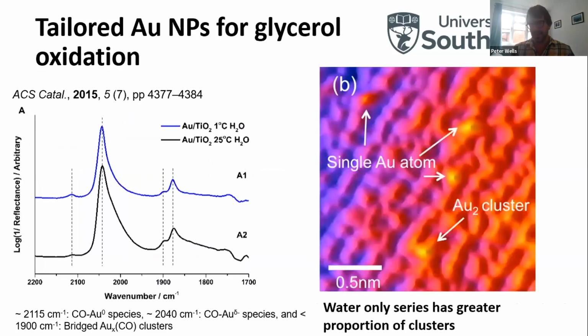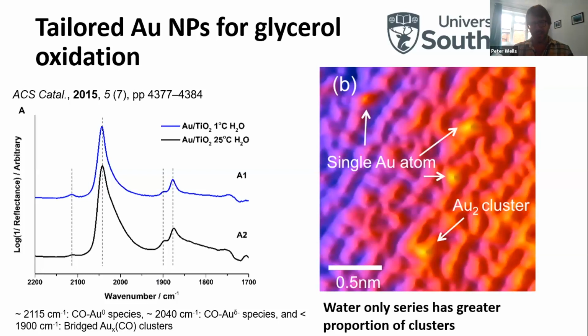When we looked at the gold on titanium particles, what we saw when we looked at CO adsorption with DRIFTS is that the adsorption bands were very different. In the region around 1900 wavenumbers, where you typically see bridge-bonded CO on gold surfaces, in the series prepared through the water-only route you typically get very broad bands, and that's indicative of the dipole coupling you get between all your different bridge CO adsorbed on the surface.